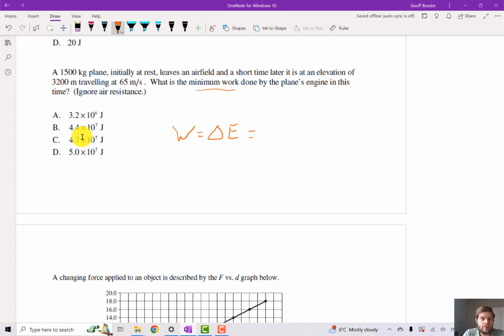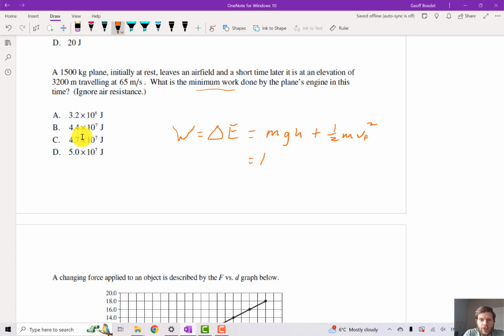This plane started off stopped, started off on the ground, and now it's both up and moving. So our change in energy is mgh because it got higher in the air, more up, plus 1/2 mv squared because it got faster.